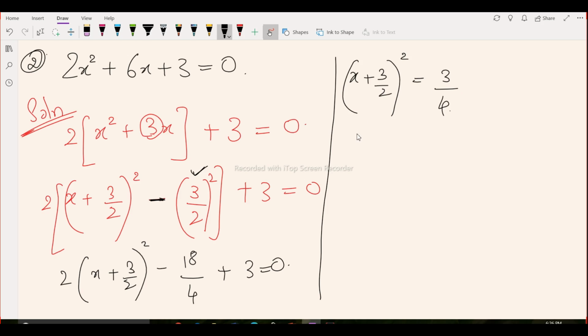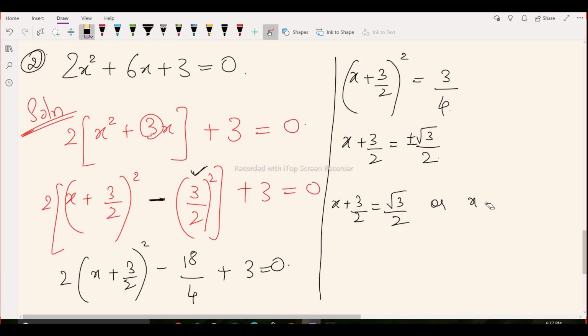This is what you will get. Now again take square root on both sides, so x plus 3 by 2 is equal to plus minus root 3 by 2. So one answer is x plus 3 by 2 is equal to root 3 by 2, or else you have x plus 3 by 2 is equal to minus root 3 by 2.